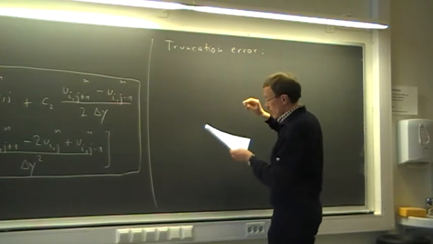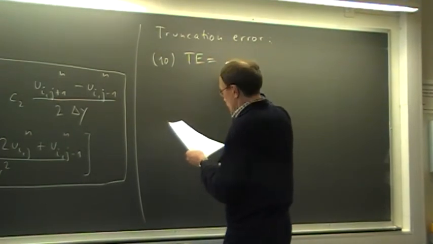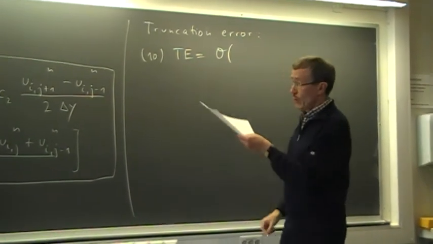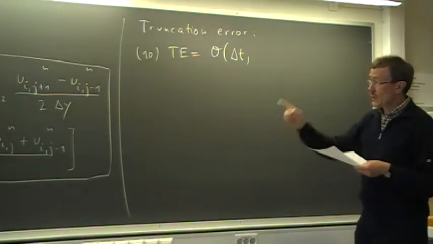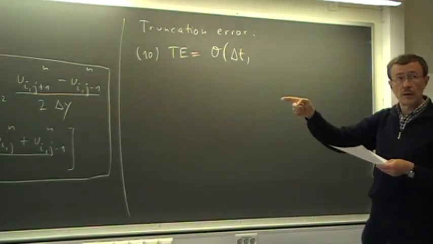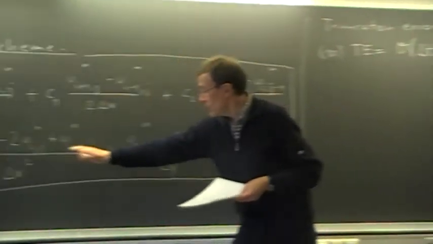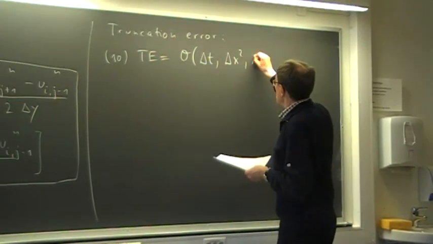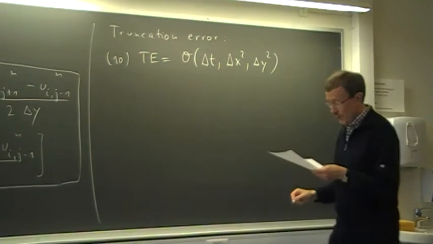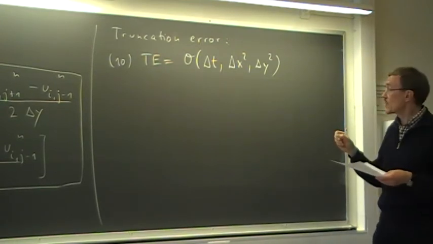The truncation error turns out to be the following. Since we are using the explicit Euler method in time, we have only first order in time, but since we are using second order central difference approximations, both for the advection and for the diffusion, we have second order in x and second order in y. So that means this scheme is first order in time and second order in space.